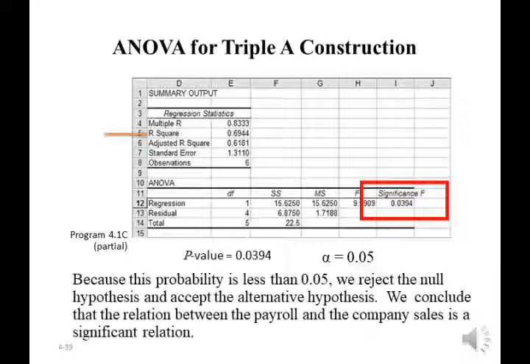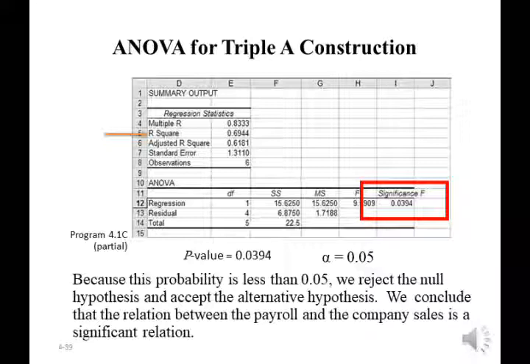Okay, and this is what you will be asked to do. You will be given an output like this, and from this output you can answer several questions, as I said before. If you are asked to assess or to test the significance of the relation, you will look at the part titled ANOVA, the ANOVA table. What concerns us in this table is the last column, significance, which is the p-value. You will take the value given there and compare it to alpha.